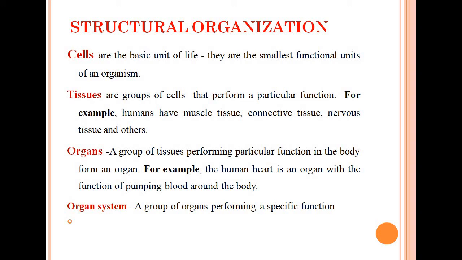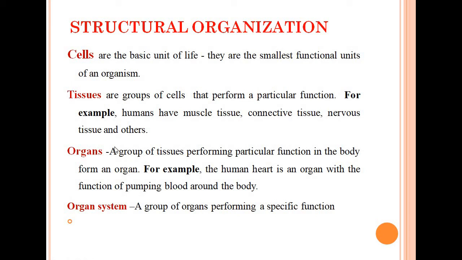When a group of similar cells combine together to perform a particular function, they form tissues. For example, humans have muscle tissue, connective tissue, nervous tissue, and others. What are organs? A group of tissues performing a particular function in the body forms an organ.